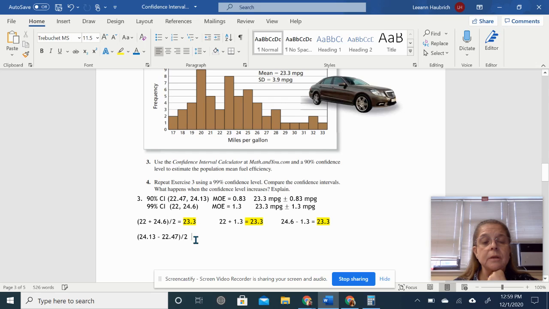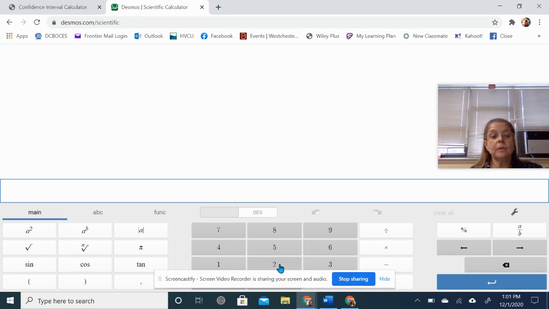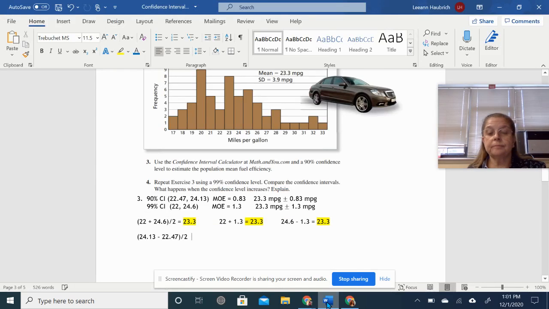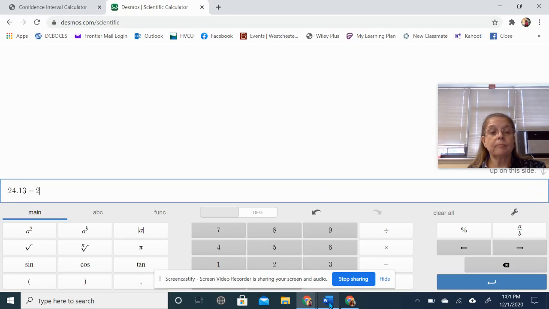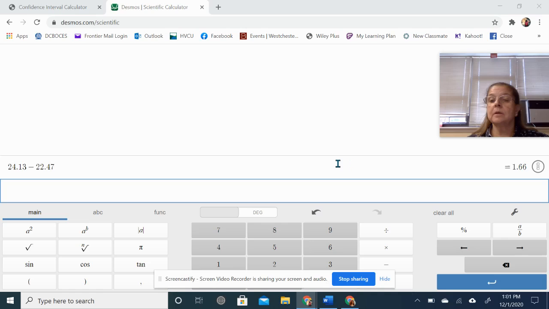Why am I getting 20.13? 24.13 minus 22.47, enter. Oops, move my head up a little bit. That looks a lot better, 1.66.